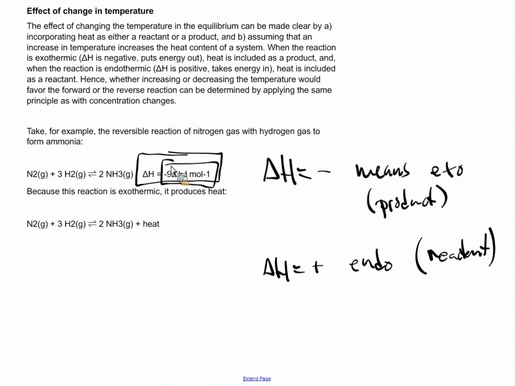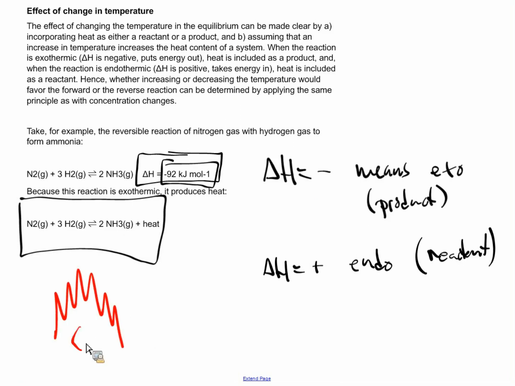All right. So since this is negative, for Le Chatelier's principle purposes, we would write it like this, where heat is written as a product. And then we apply our little saying. So if I add heat to the whole system, that's fire. If I add heat, I go away from the heat, so I would produce more reactants. If I cool it, then I'm removing heat.